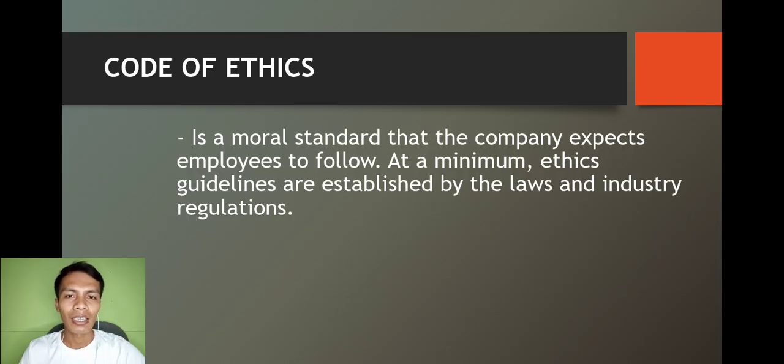As an employee, someday, my dear students, when you become a professional and work in a certain company or organization or in the government, the company that you work for will expect you to follow the standard, the moral standard. So you know what should be done, what is right and what is not. So you choose to decide what is good, what is right for the benefit of your organization.